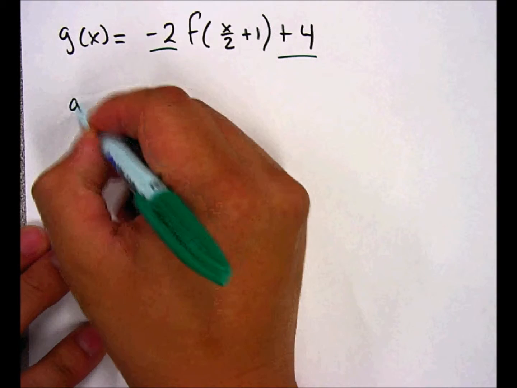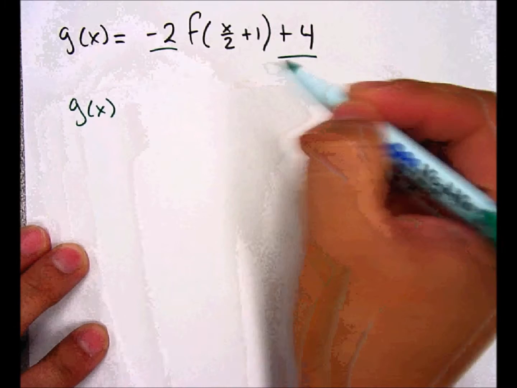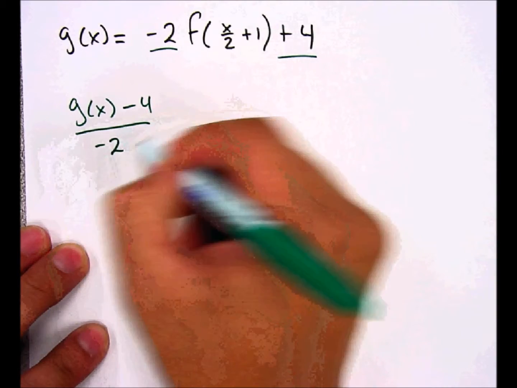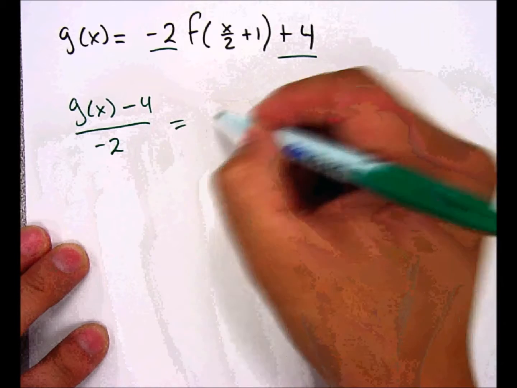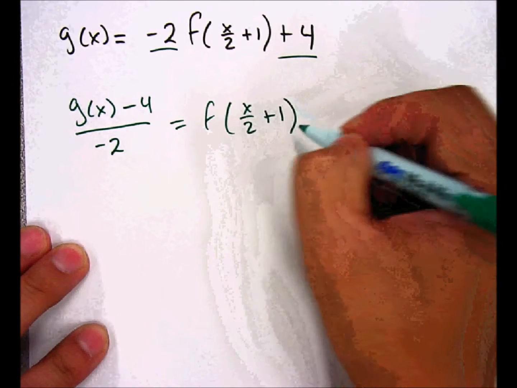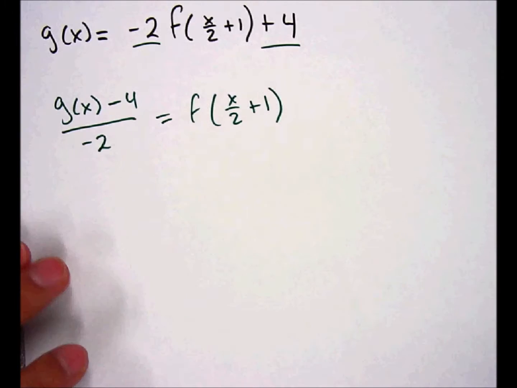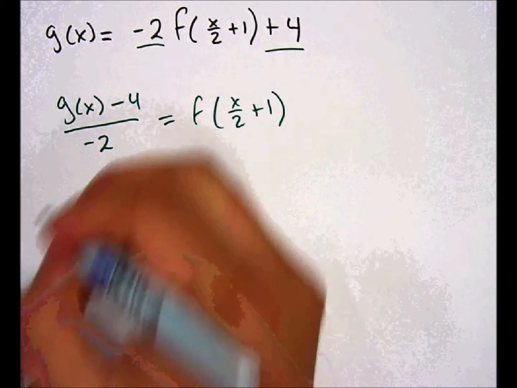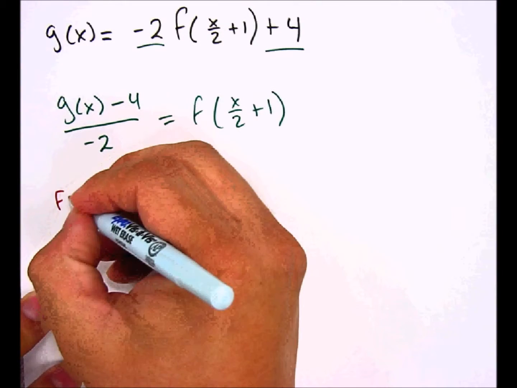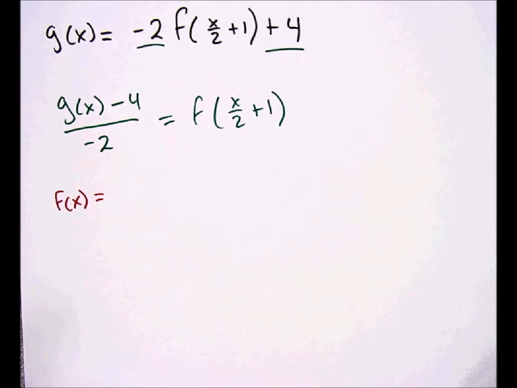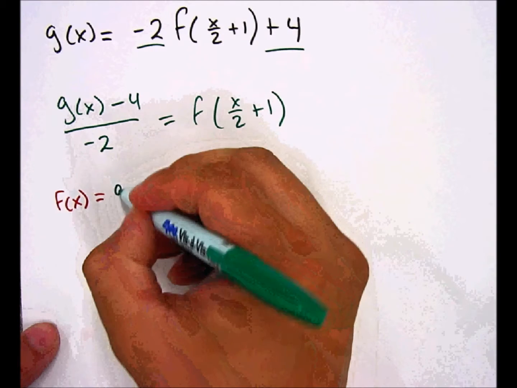Therefore, we would get for the range this. For the domain, like before, it doesn't change. So then the question really is, what do I have to do to f of x, the domain or the range of the original function, to get to g of x?